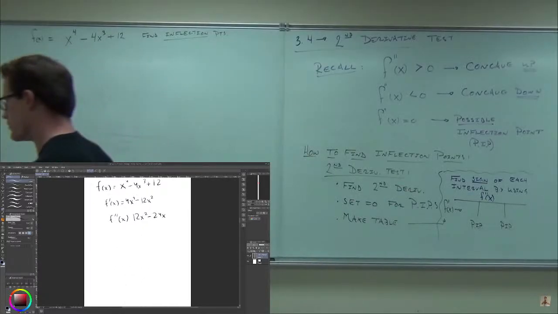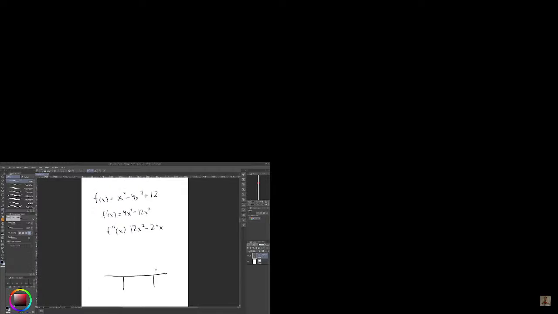What does it entail finding inflection points? What are we going to have to do for inflection points? Second derivative. So let's all take the second derivative right now. Go for it. Once you've taken the second derivative, set it equal to 0. Solve for it.